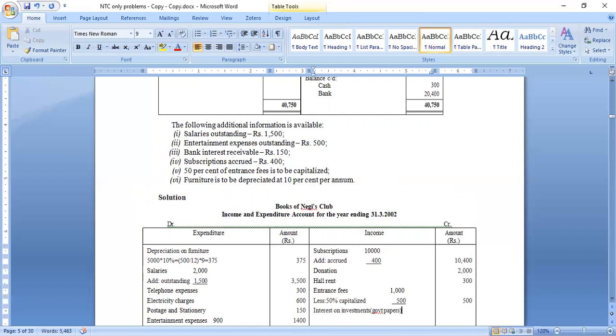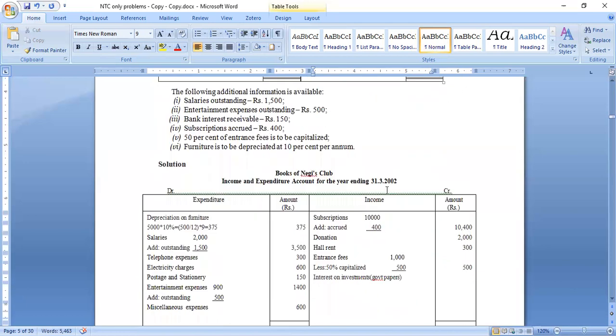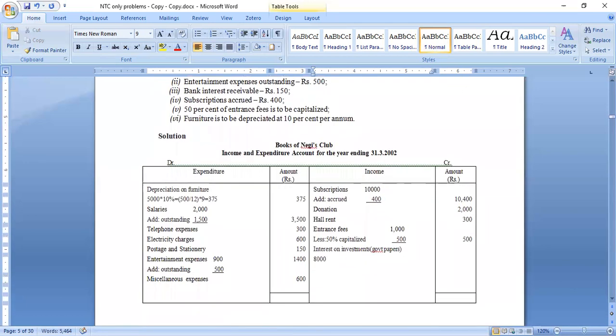So government papers, how much? 8,000 into 5%, it comes to 400.